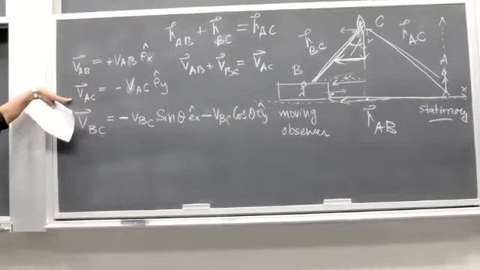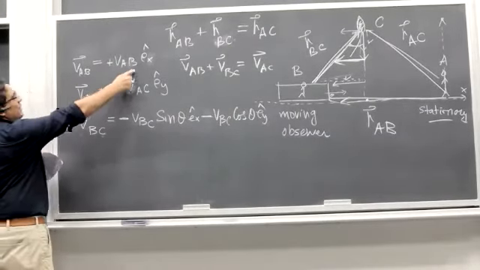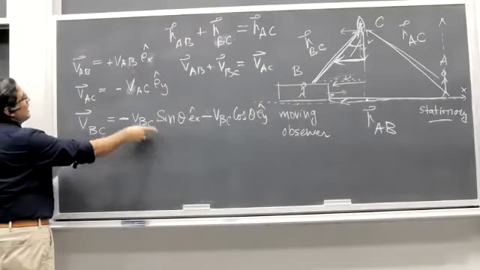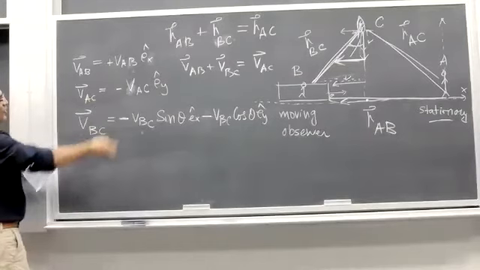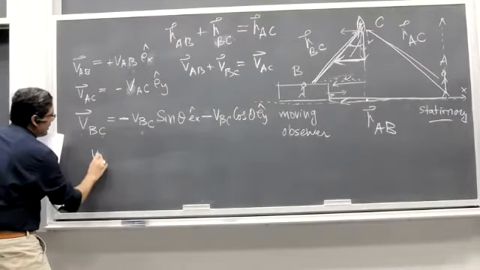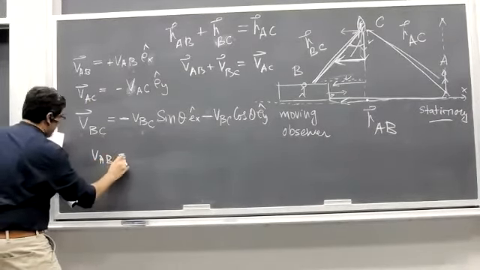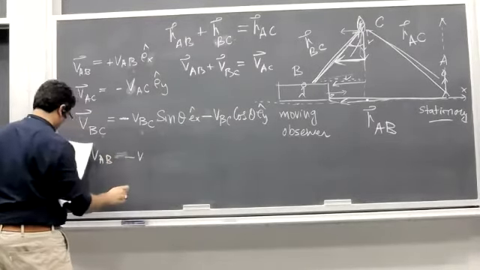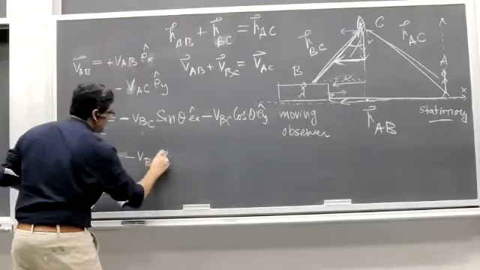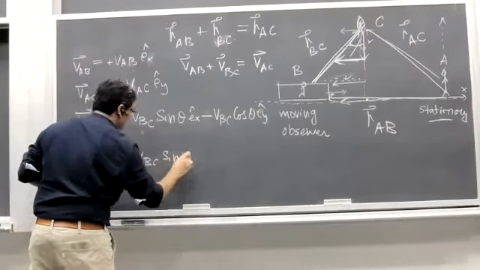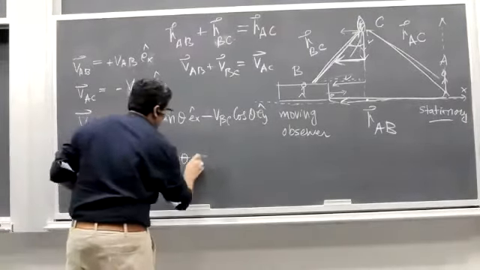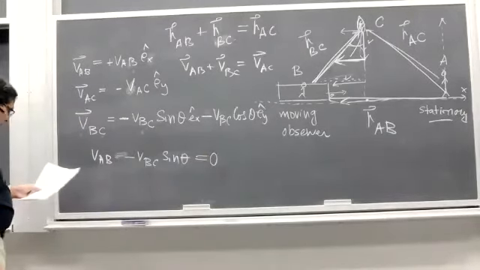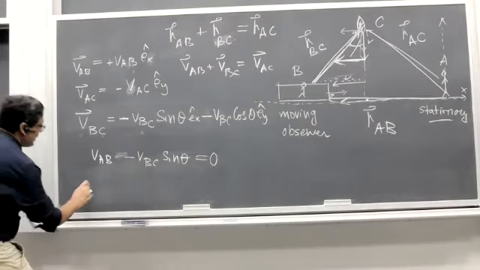The X component of VAB is this, the X component of VBC is this, and the X component of VAC is 0. So this turns out to be VAB minus VBC sine theta equals 0.